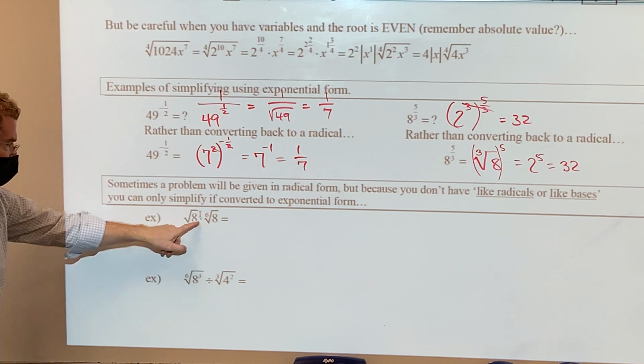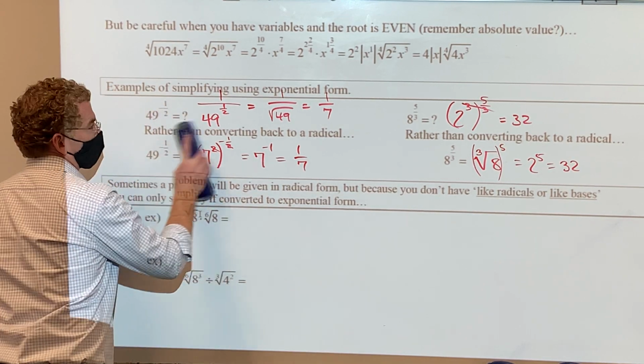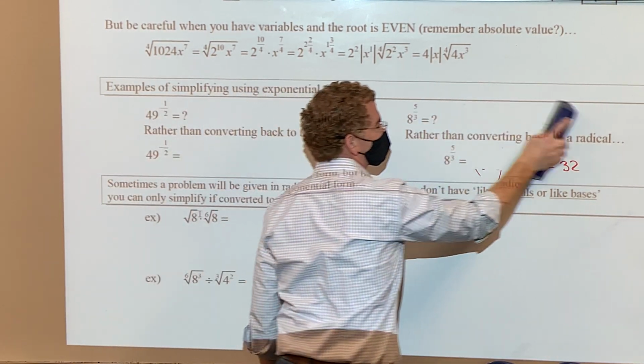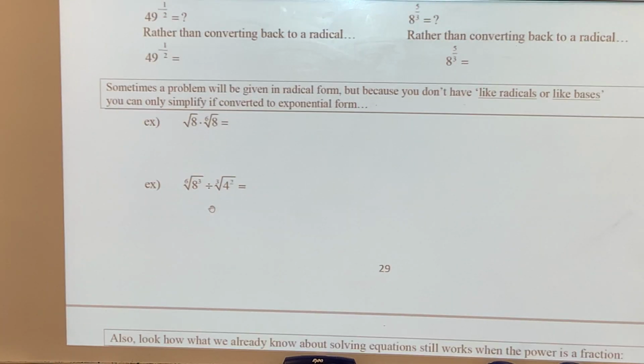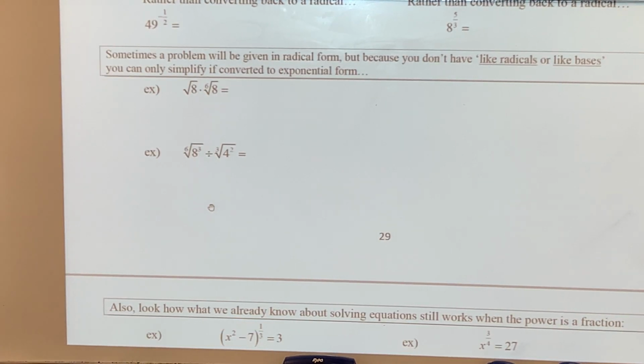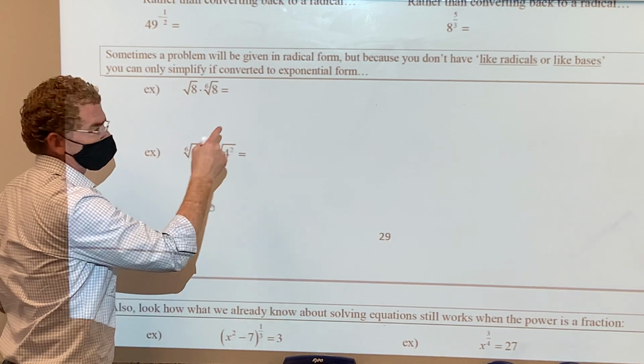All right, look at this. What about, and we've kind of already done this, the square root of 8 times the 6th root of 8? Now, a few moments ago, I would say you don't have a rule for multiplying radicals that are different. And that's still true. We haven't developed that rule, although some of your brains are moving and you're like, I think I know what I would do. But right here, now we can talk about that rule if you want.